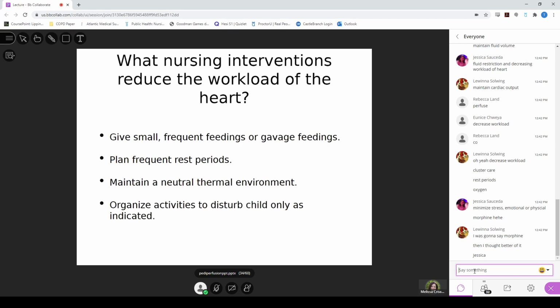So you want to give those small frequent feedings, or even gavage or NG feed the infants. It takes a lot of calories and a lot of work for them to eat. You want to plan frequent rest periods, maintain that neutral thermal environment. And then you want to organize your activities. So basically cluster care, if they can handle it. Some of them can't handle cluster care, but if they can handle cluster care.